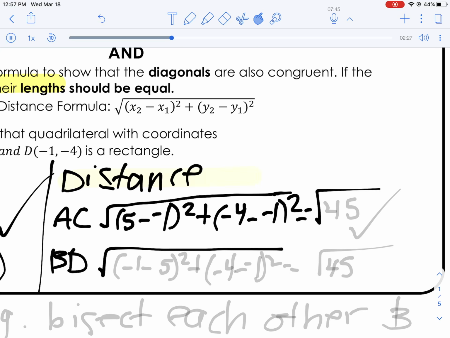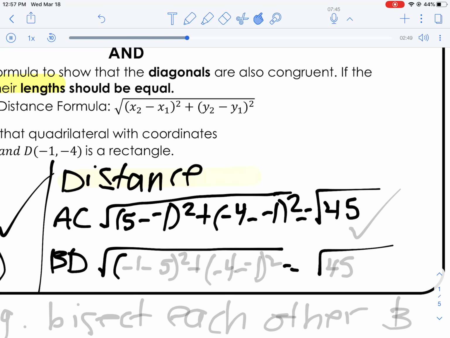That would be radical 6 squared is 36. And then we have -3 squared, which is 9. So that's radical 45. No need to simplify because we're just going to see if they're equal or not.